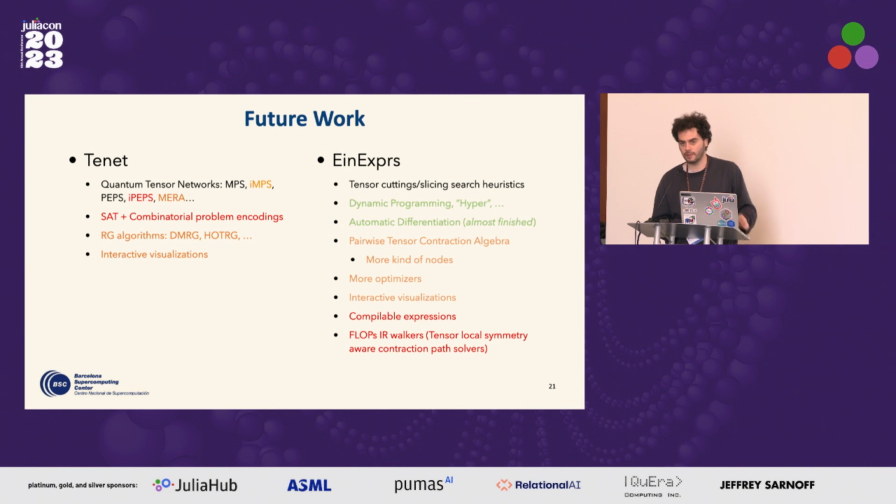It's already implemented, but we are currently fixing some bugs. Also something very interesting would be compilable expressions, because this expression should be very easy to compile to Julia code, or using a GPU compiler to compile it to, for example, XLA, the intermediate representation that JAX uses.